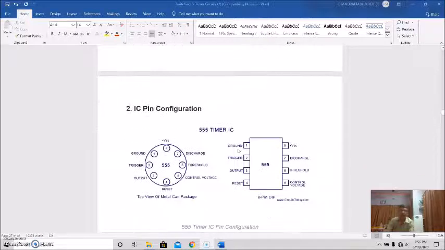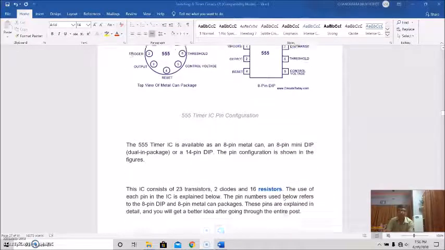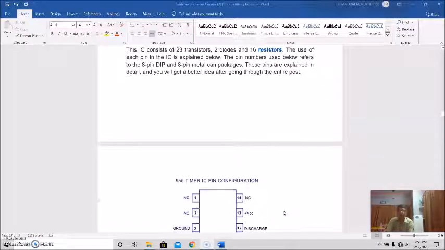And then we talked about the pin configuration. Taking the 8-pin configuration as a whole, whether it is a metal can pack or a dual in-line pack, we have discussed the function of the 8 pins.